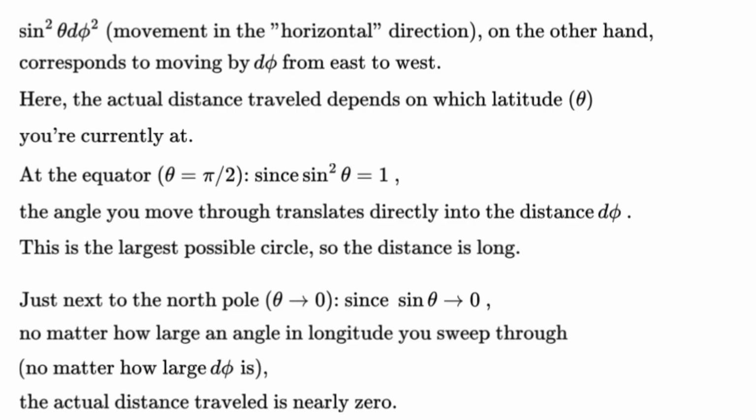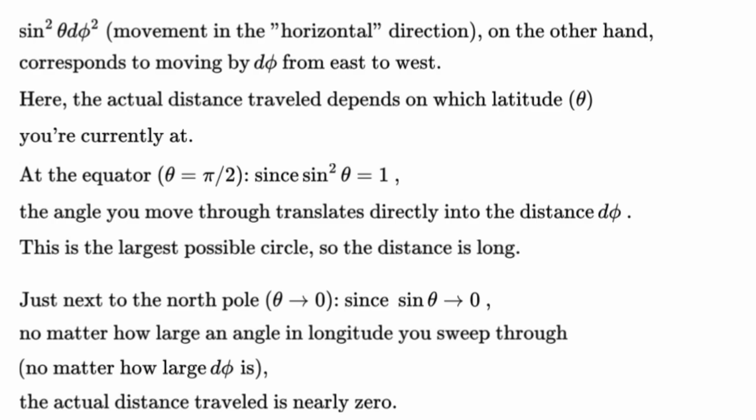Sine squared theta d phi squared, movement in the horizontal direction, on the other hand, corresponds to moving by d phi from east to west. Here, the actual distance traveled depends on which latitude, theta, you're currently at. At the equator, theta equals pi over 2.